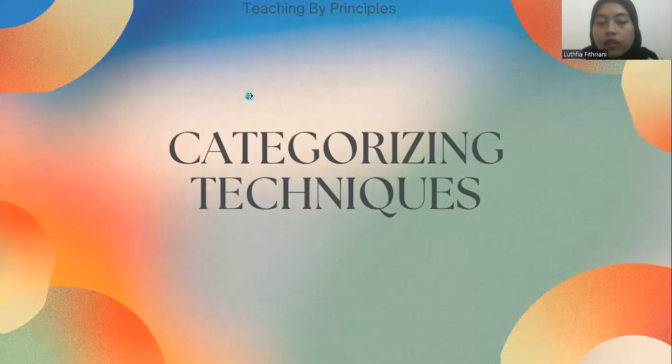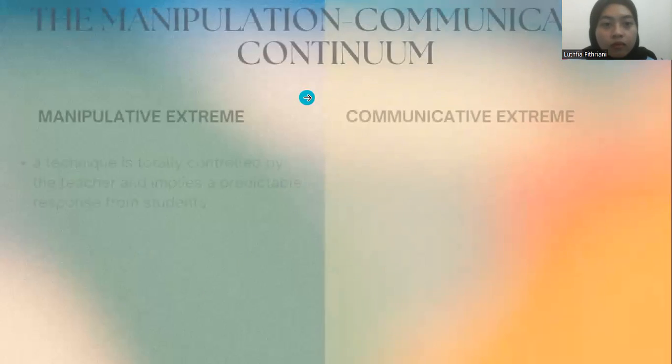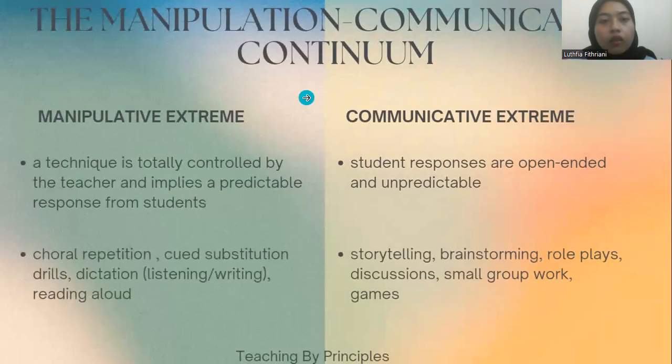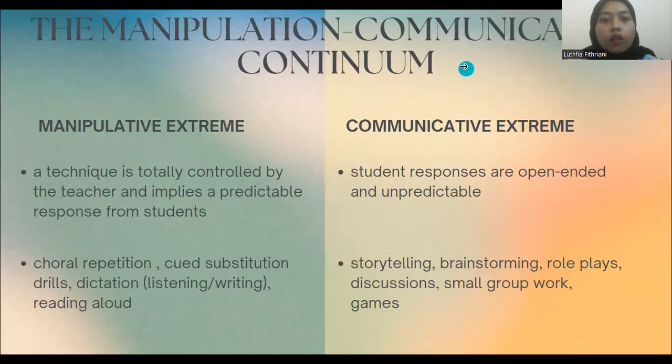Let's move to the second topic, categorizing technique. First, we have the manipulation communication continuum. So we have manipulative extreme and communicative extreme.